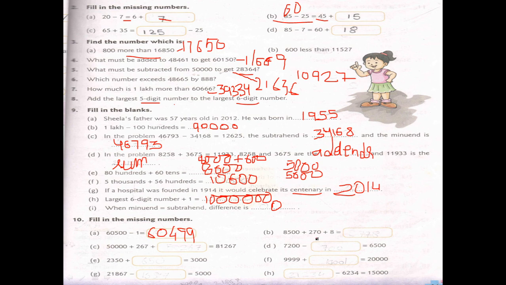When you are adding these numbers, what do you get? That one is equal to 8,778.